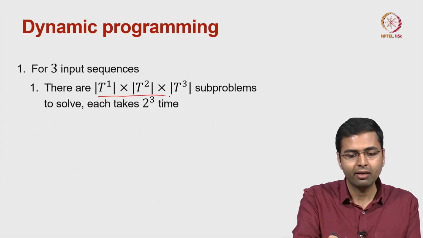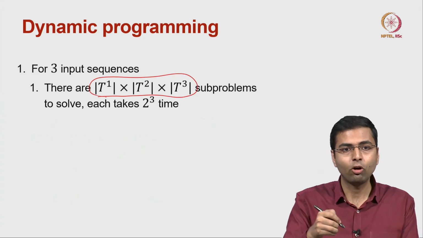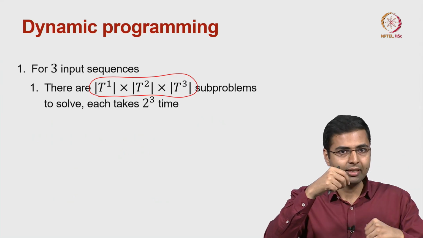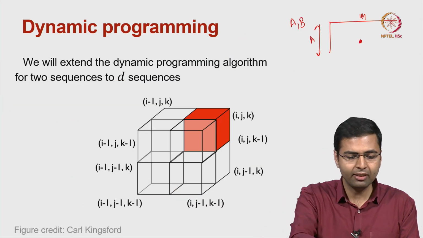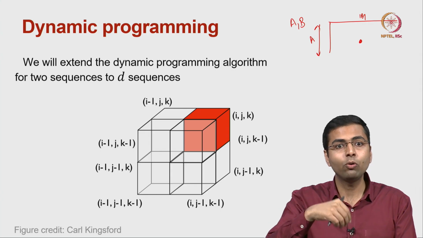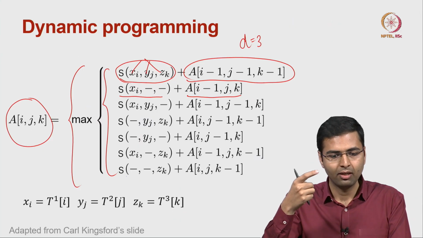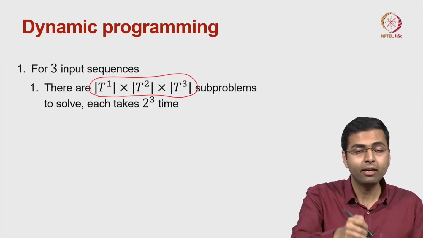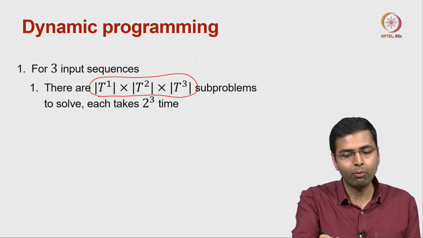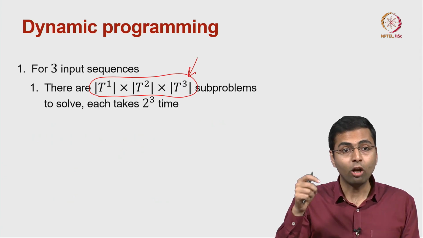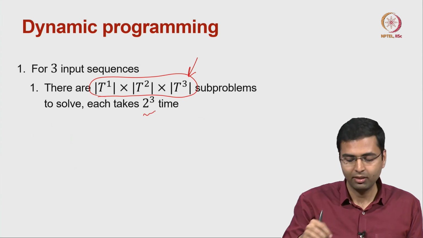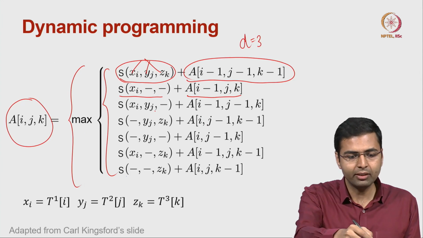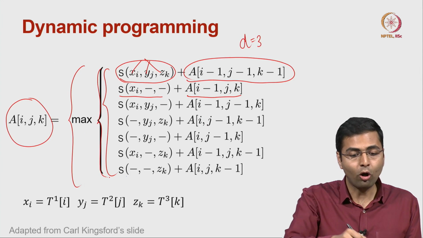This is the size of the matrix, because each dimension of the matrix corresponds to one sequence. Accordingly we have these many subproblems, and solving each of them takes 2 raised to power 3 time, because we have to consider the max over all these possibilities.